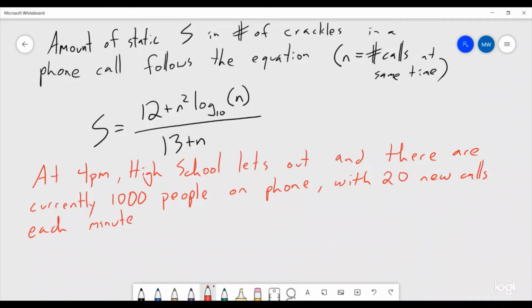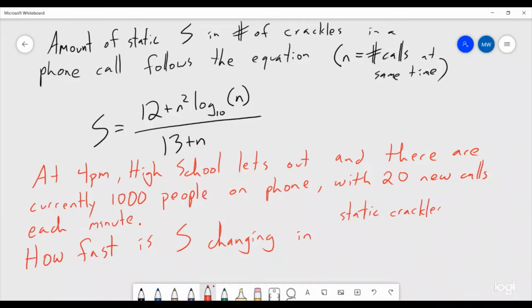So the question is, how fast is S changing in static crackle per minute? That's what we are trying to figure out and measure. So pause the video, try and do this one on your own, and then we will come together and see how we would go about doing this problem.